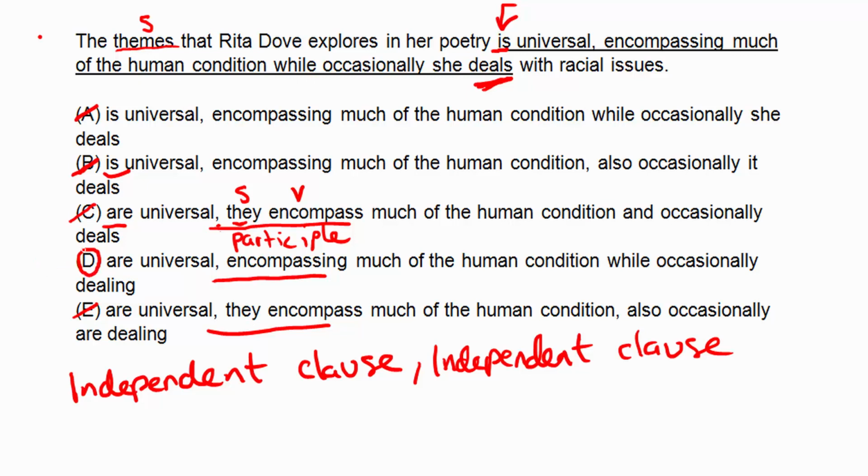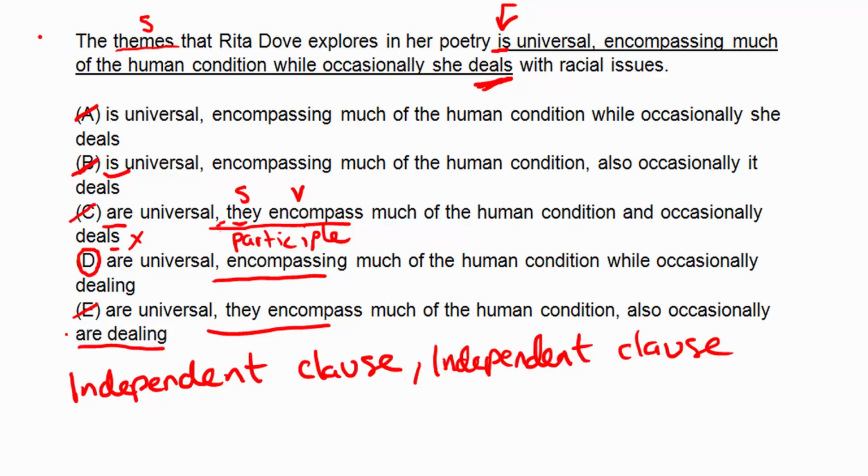Now, there are other mistakes here. So there's other ways that we could have solved this question. For example, deals is a singular verb, excuse me, that goes with a plural subject, they. That would be incorrect too because of that. E has also another problem here with are dealing. Are dealing is something we call the present continuous.